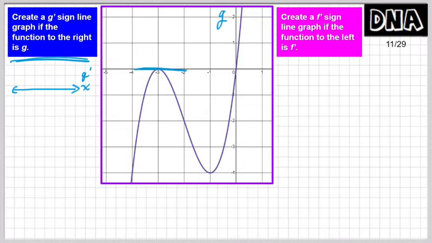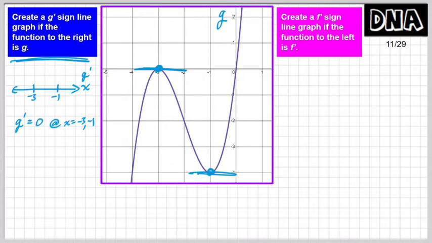Because right here and right here have points where the slope equals 0. So G prime equals 0 at x equals -3 and -1. And so that's going to be where my intervals are.